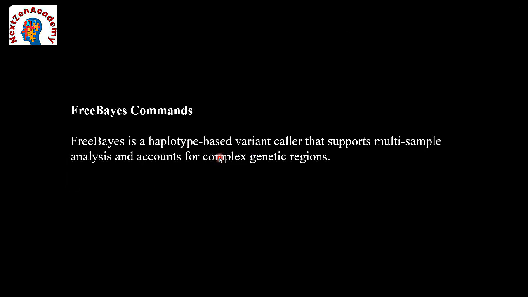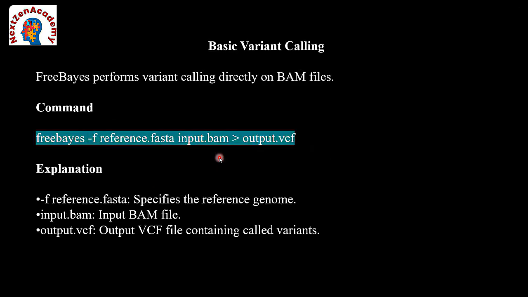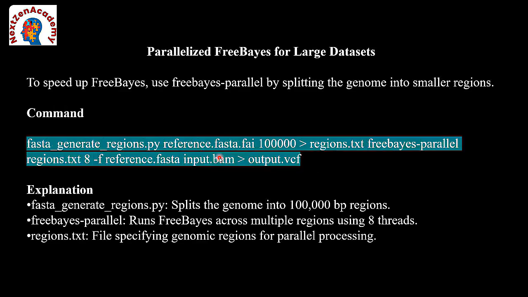And we can do filtration based upon quality score less than 20. We need to remove all that, and depth less than 10. We need to remove all that. That is the meaning of it.